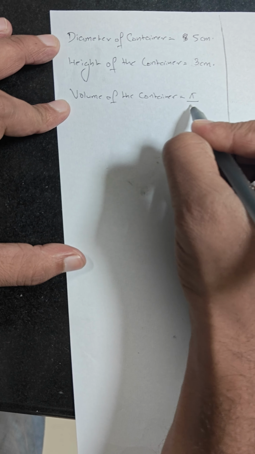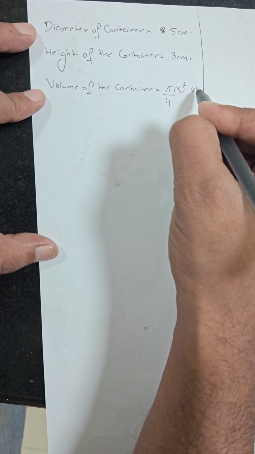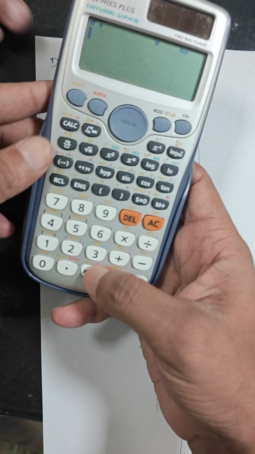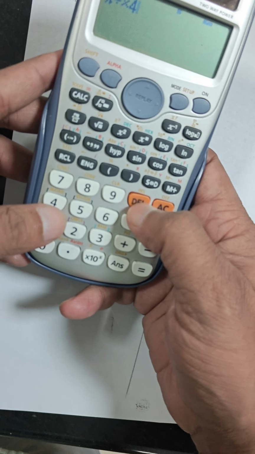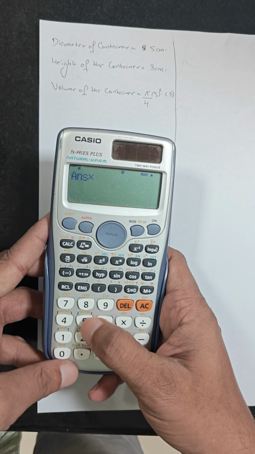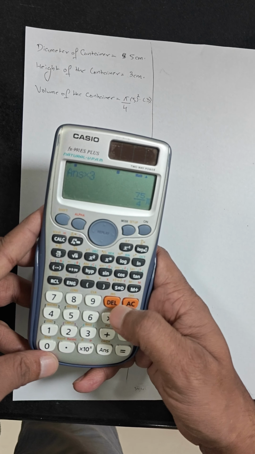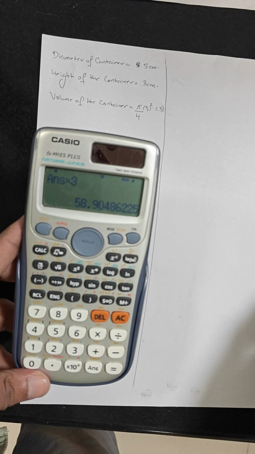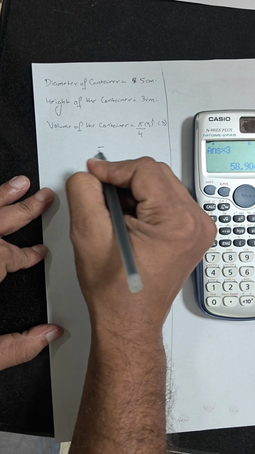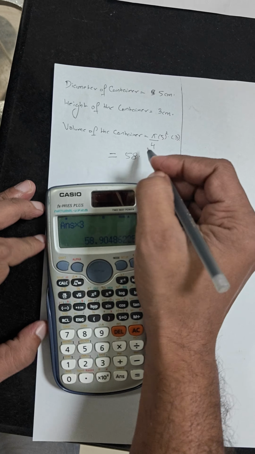We will use pi by 4 d square h. So we get the volume as 58.90.